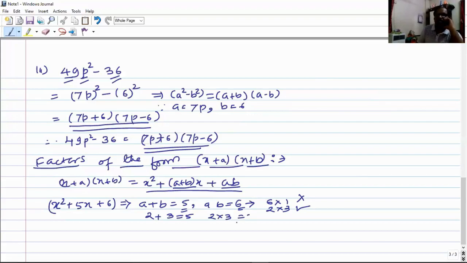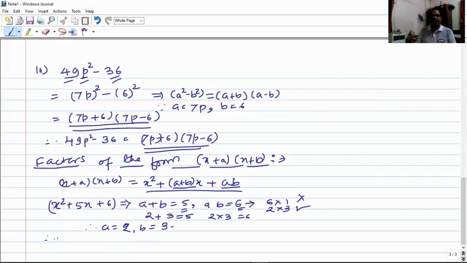So this pair of factors, 2 and 3, satisfies the given condition, so I can write the factors for the given expression. Can I say a equal to 2 and b equal to 3? Yes, if we have the values of a and b, I write the factors as x plus a into x plus b.